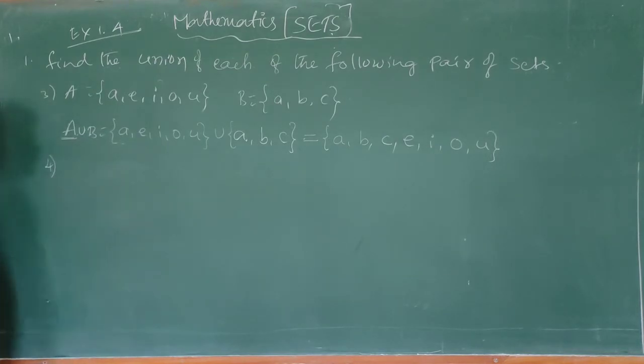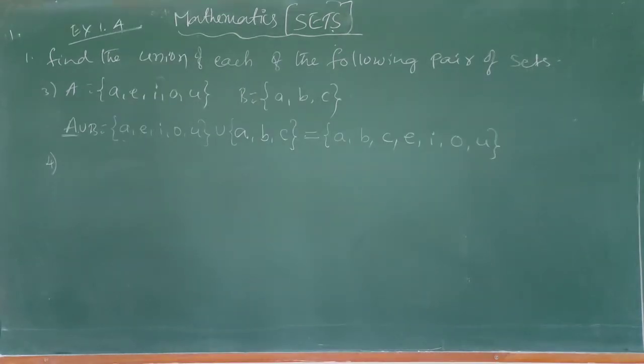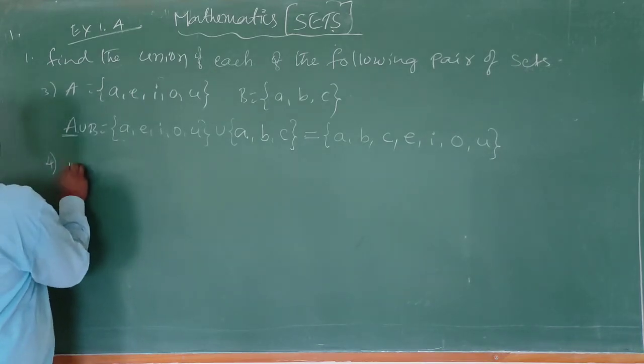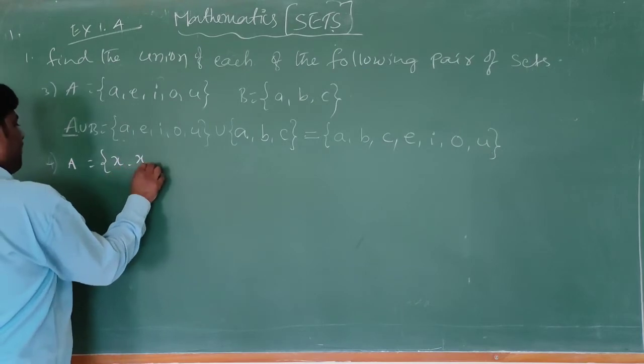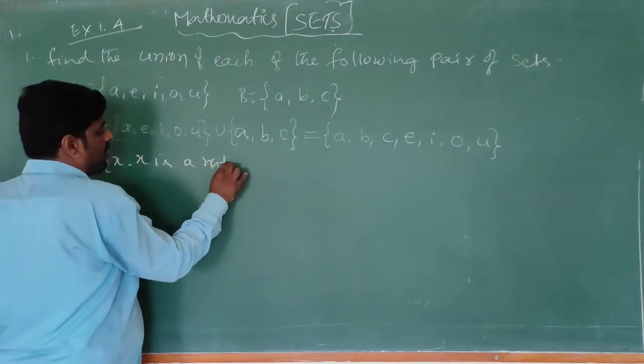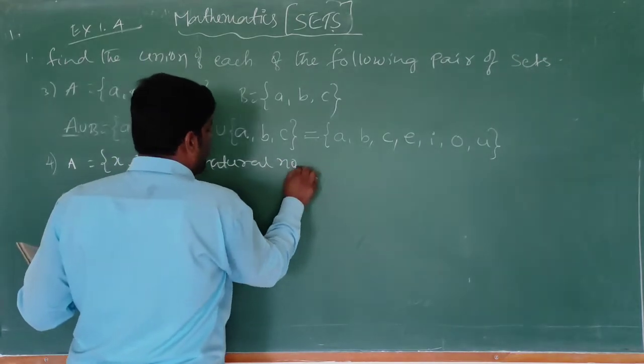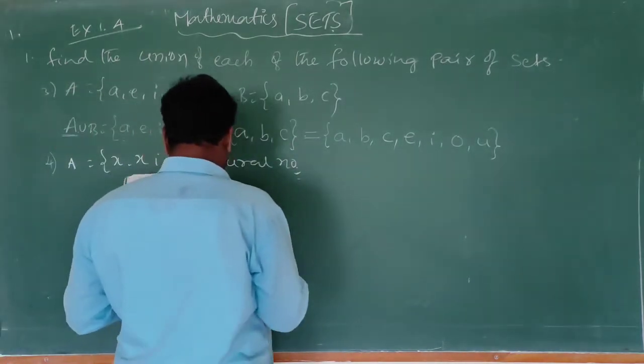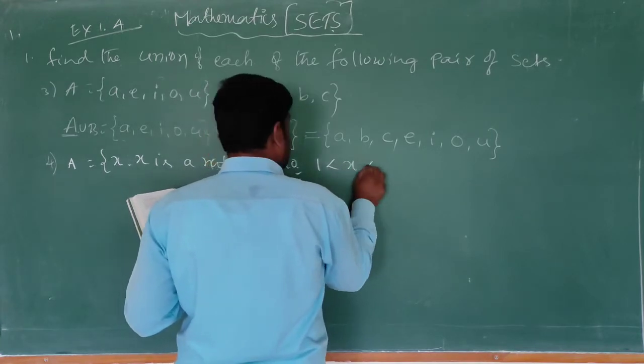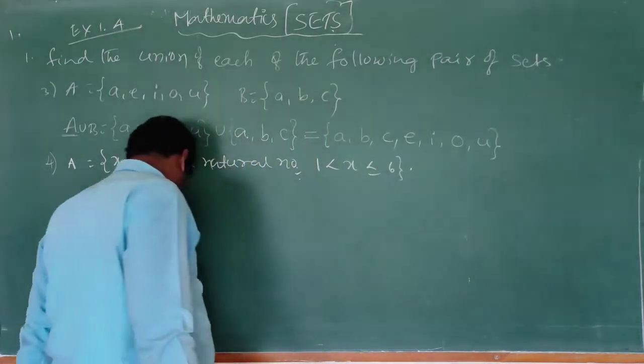Next, fourth question. A is equal to {x : x is a natural number, 1 less than x less than or equal to 6}.